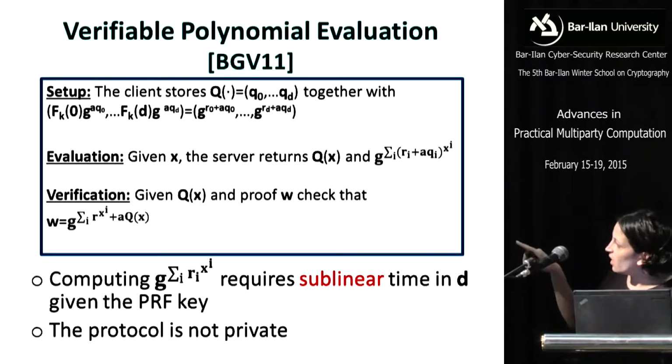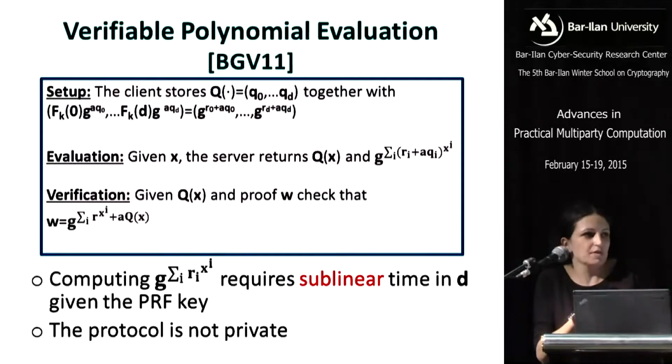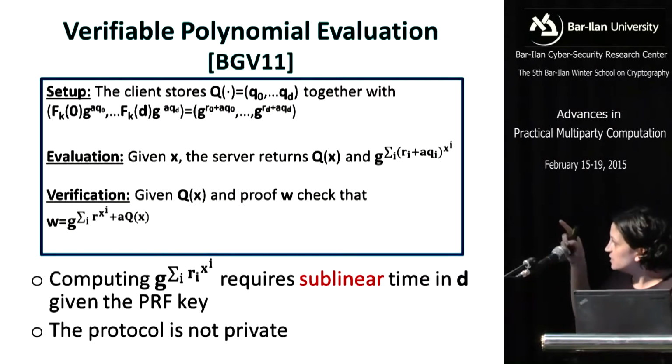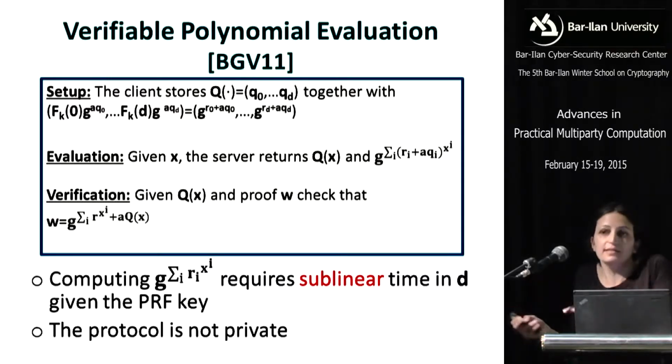So what is the R_i? If you think of F_k(0), you can view it as a group element, right? We said that the range of the PRF is a group, an abelian group. So you can think of it as g to the R_i, right? So essentially, it needs to verify this equality. Okay, is that clear? That's it.